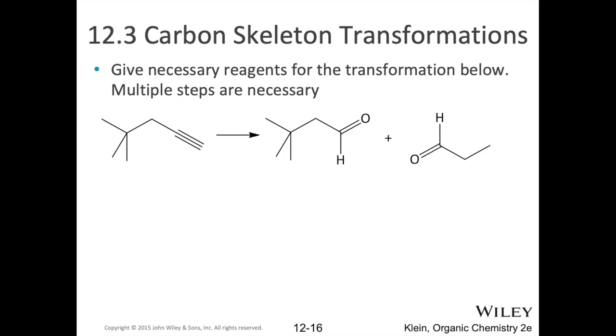You can tell that, because if you think of this backwards, we've got two aldehydes here. We just talked about how we could do the ozone cleavage of an alkene to get these two aldehydes, which means that this carbon and this carbon were once connected to each other through a double bond. That would be the intermediate you would have just before these two products. See if you can draw that and go from there.